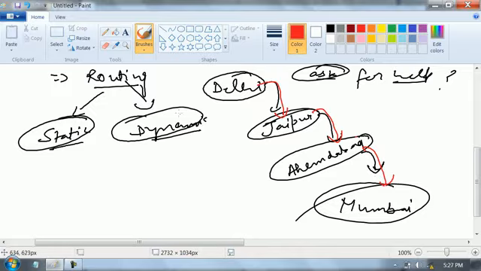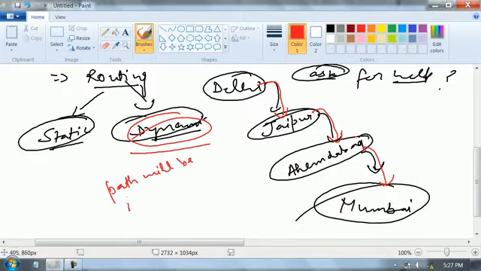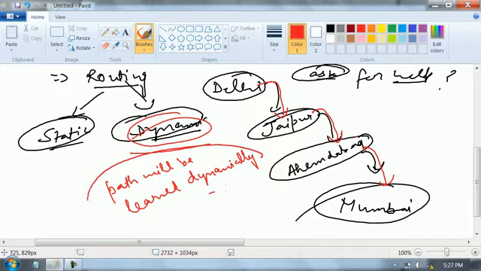And what is dynamic routing? The thing is, paths will be learned dynamically. Try to understand a simple logic.